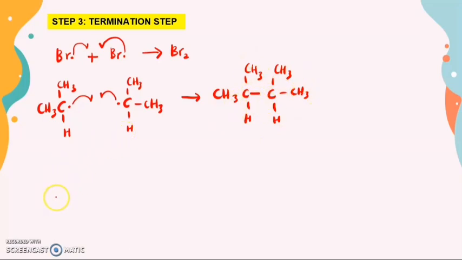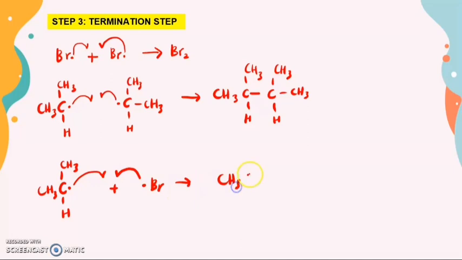Another free radical combination that forms a neutral compound is the free radical of propane combining with a free radical of bromine, and it will produce the same product as in the propagation step, which is the haloalkane.